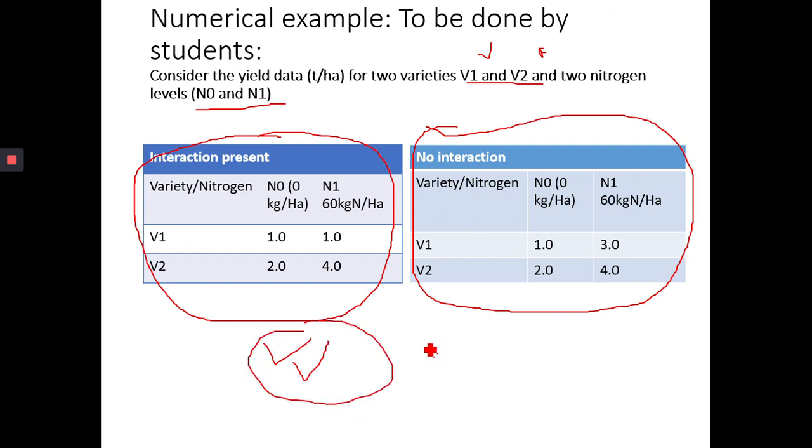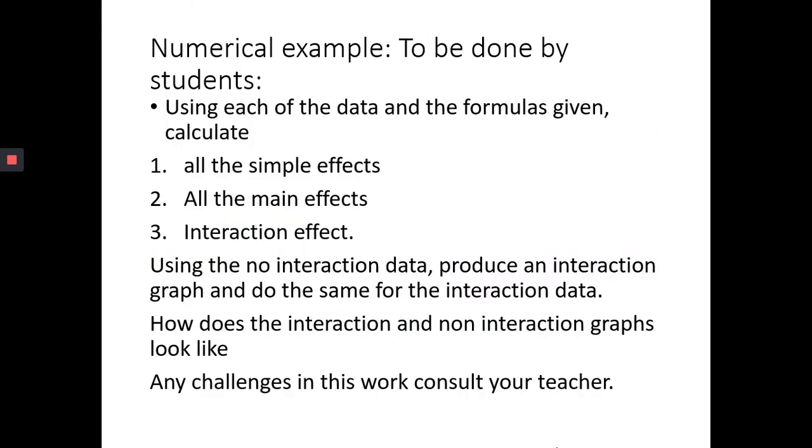Using each of the data sets and the formulas given, calculate all the simple effects, all the main effects, and the interaction effect using the no interaction data, produce an interaction graph, and do the same for the interaction data. How do the interaction and the non-interaction graphs look? Any challenges in this work, consult your teacher.